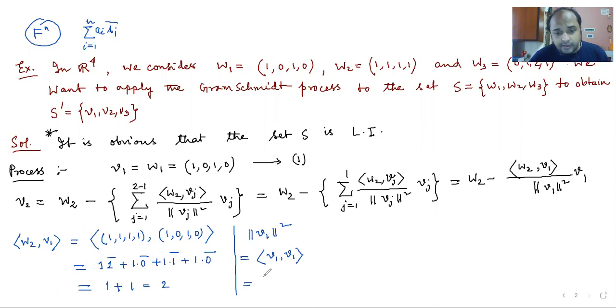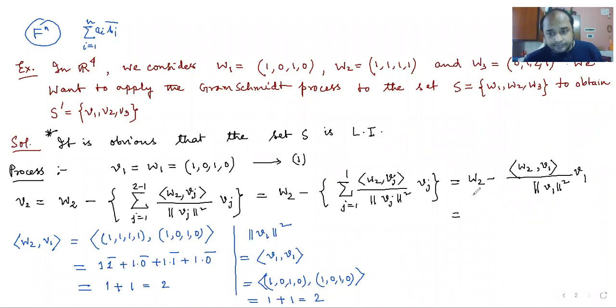What is V1? V1 is 1, 0, 1, 0 and 1, 0, 1, 0. So again you use this rule, and you get 1 into 1, that is 1, 1 into 1 bar, that is 1, 0 into 0 bar, that is 0, 1 into 1 bar, that is 1, 0 into 0 bar, that is 0. So 1 plus 1 gives you 2.